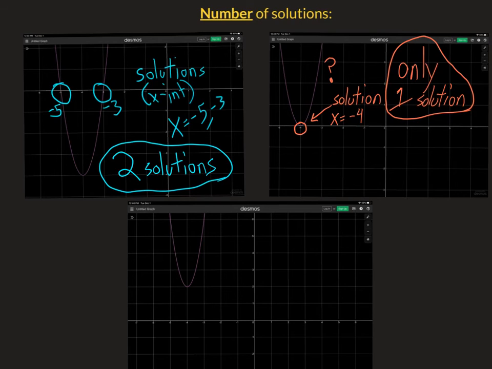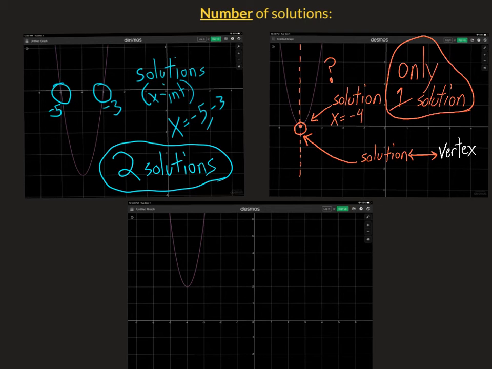And by the way, what do we call that? Our solution in this case is right in the same position as what? What else do we call that point right at the center of our parabola? In this case, our solution is the vertex. Hopefully you're seeing that's the same thing.